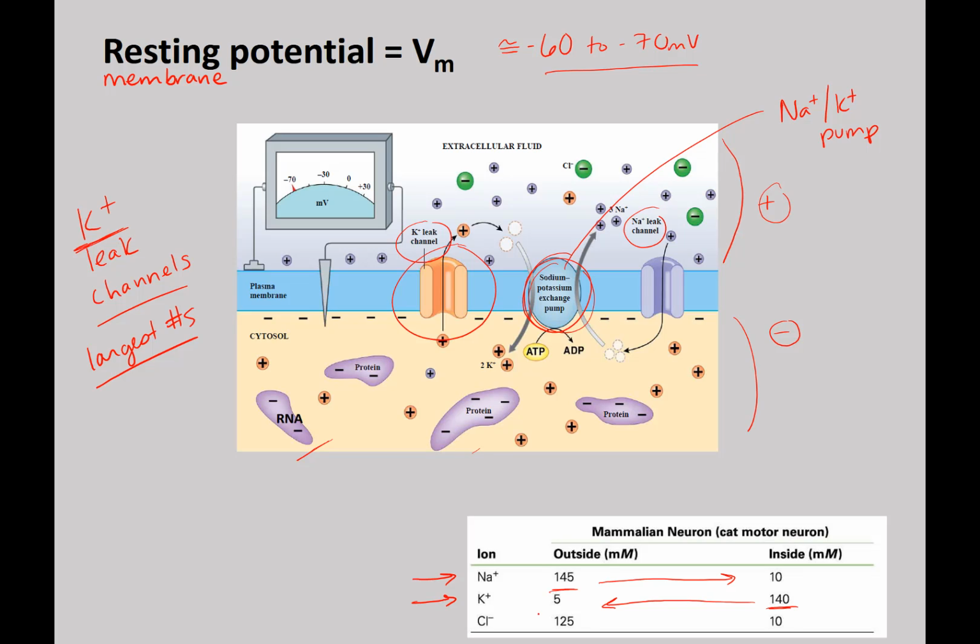So again, potassium leak channels have the largest influence on the resting or membrane potential. Sodium leak channels are important, and the sodium-potassium pump is important, but the main player is the potassium leak channels.